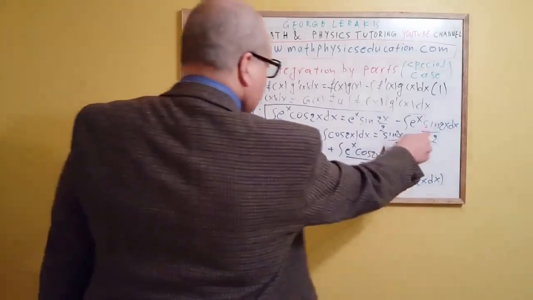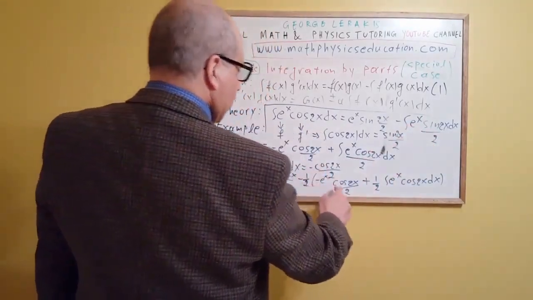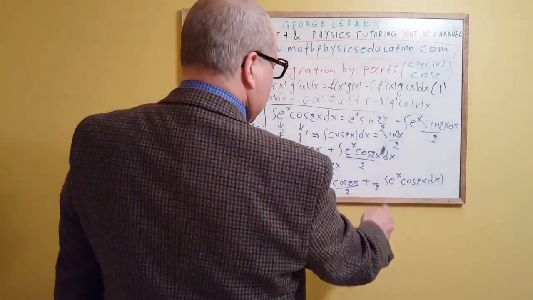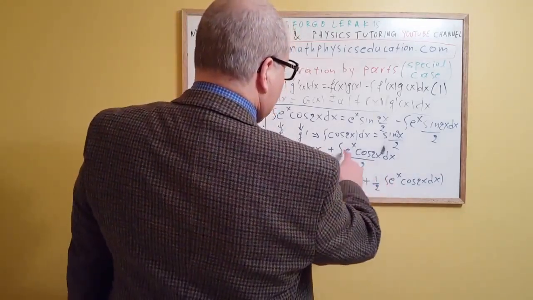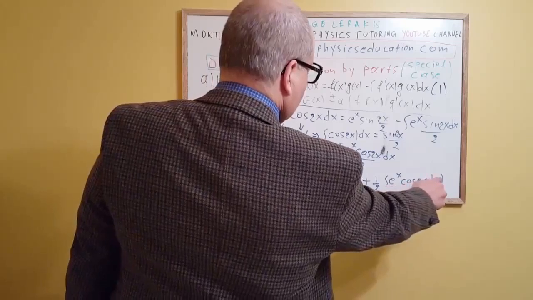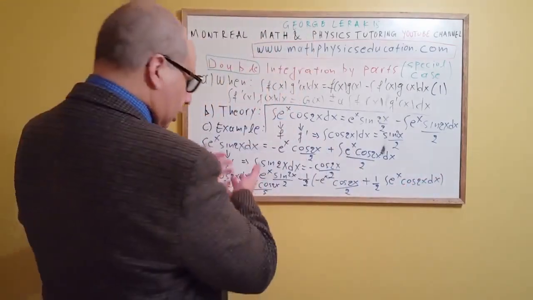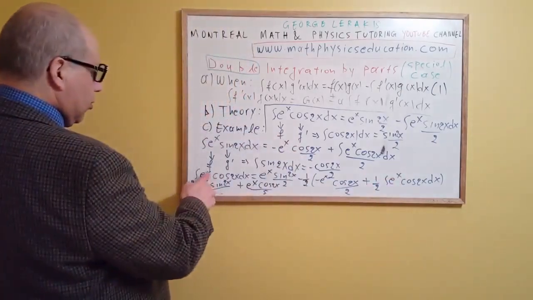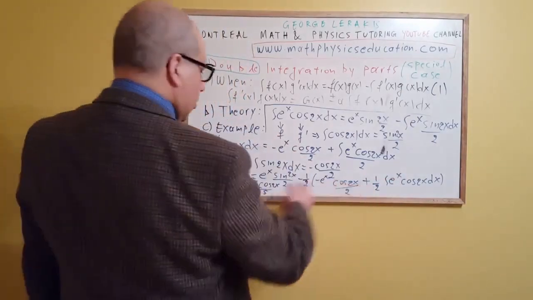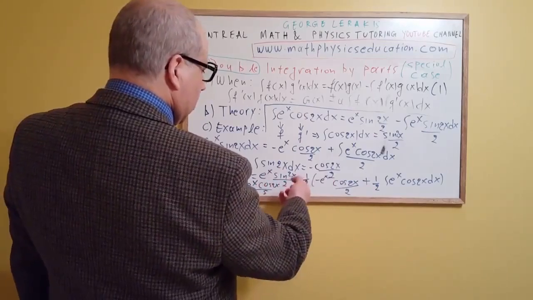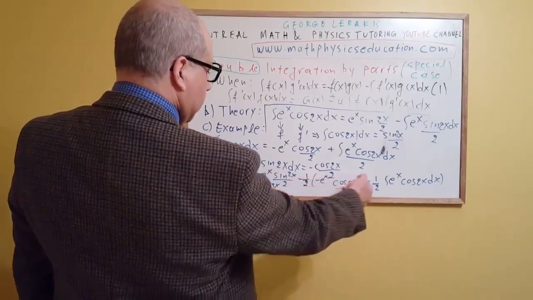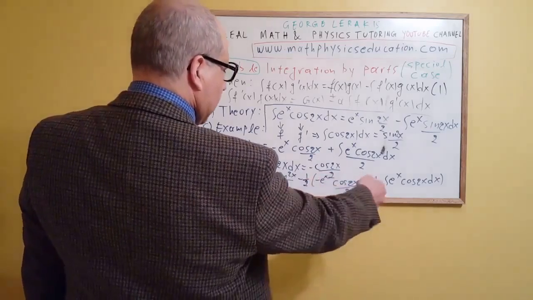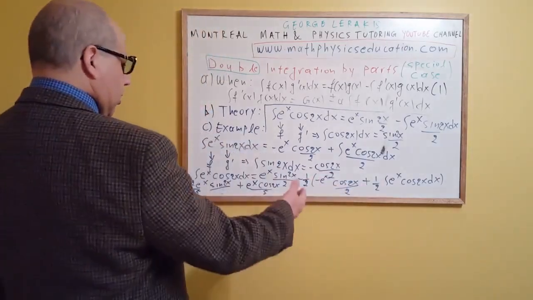That means we take out the minus 1/2, and we do the substitution here: e to the x cos 2x over 2 plus 1/2 the integral of e to the x cos 2x dx. This is an equation with an unknown, the integral of e to the x cos 2x. So if you do the calculations here, you multiply this by minus 1/2, so that will become plus 1/4, and this will become minus 1/4.